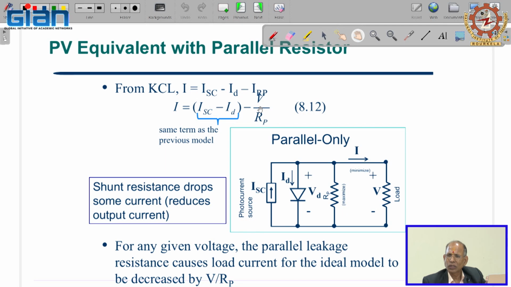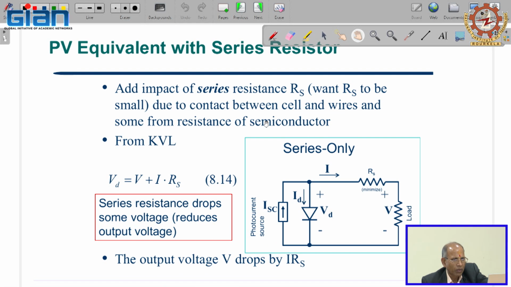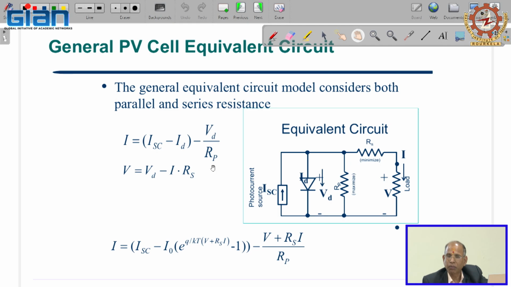It is self-explanatory. In the second case, with the series resistance, the diode voltage will be your voltage V plus I RS. All these calculations are very simple in the circuit.